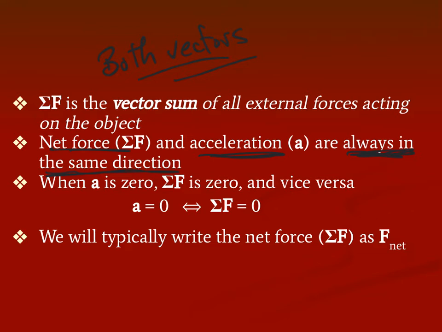Now, because the acceleration is directly proportional to the net force, we can also see that if the net force is 0, the acceleration is 0. If the acceleration is 0, what does that tell us about the velocity? If you said it tells us that the velocity is constant, gold star for you.